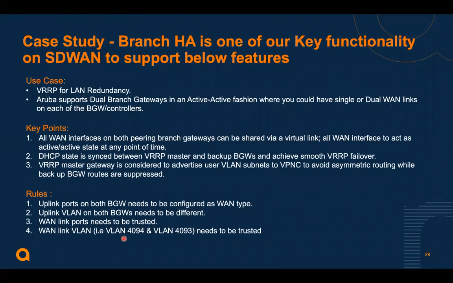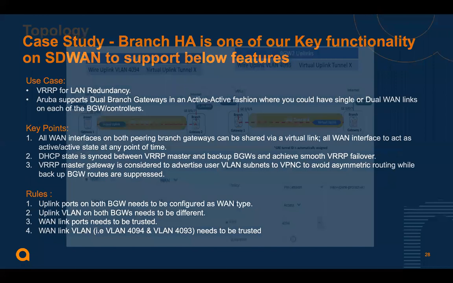options, where we could use VRRP, traditional VRRP, for the LAN redundancy. On top, we could have HA configuration between the branch gateways, where we establish a virtual uplink between the two branch gateways. Let me just move on to the picture.